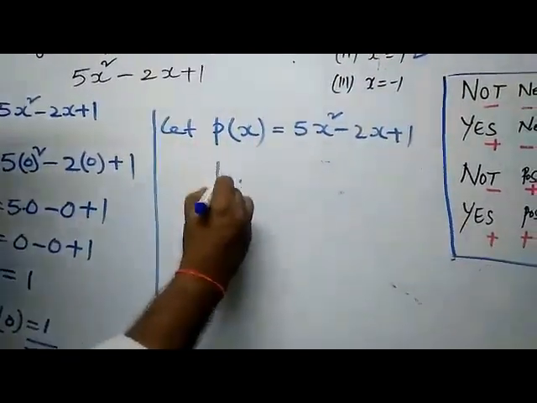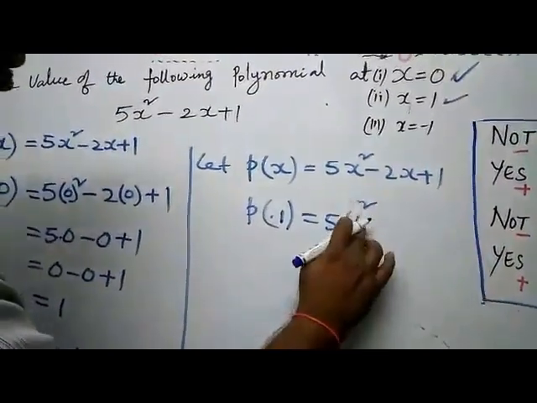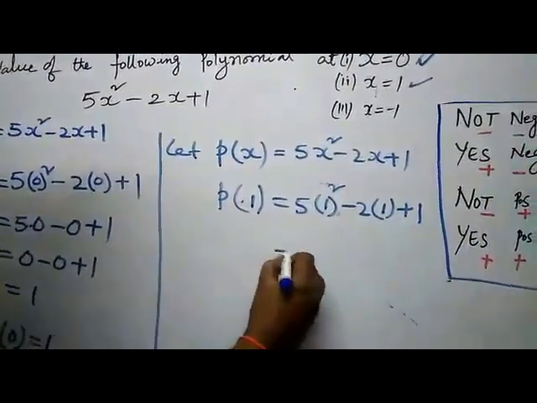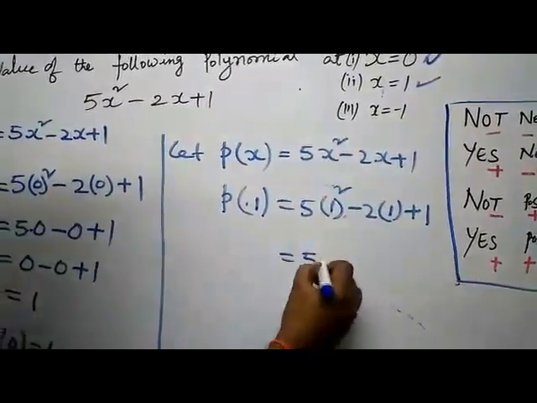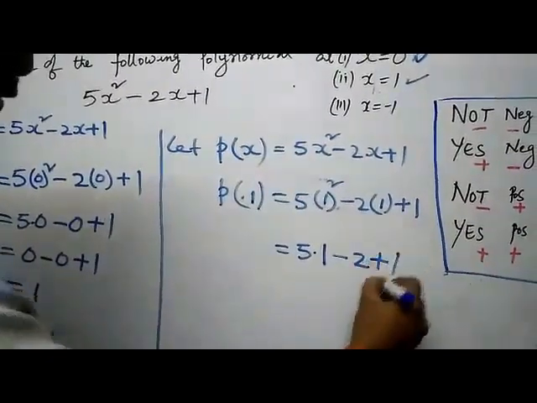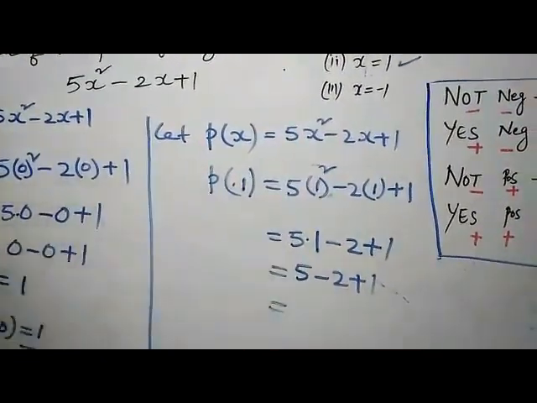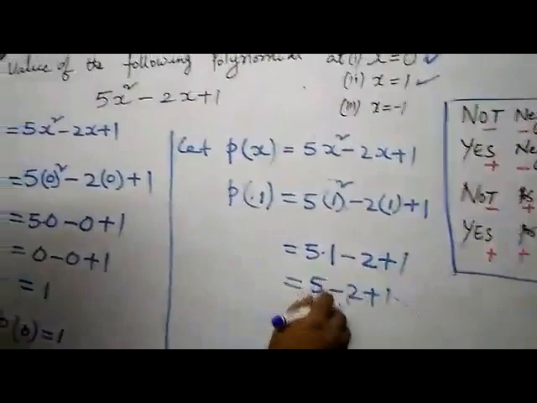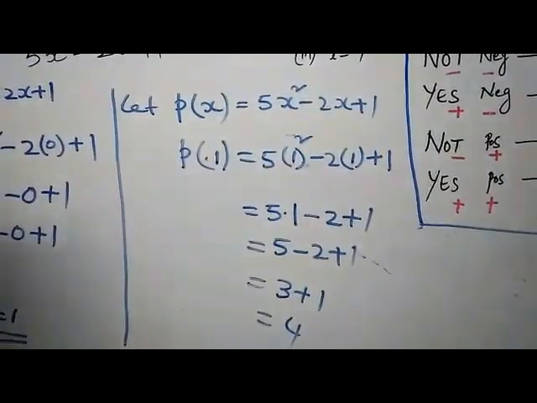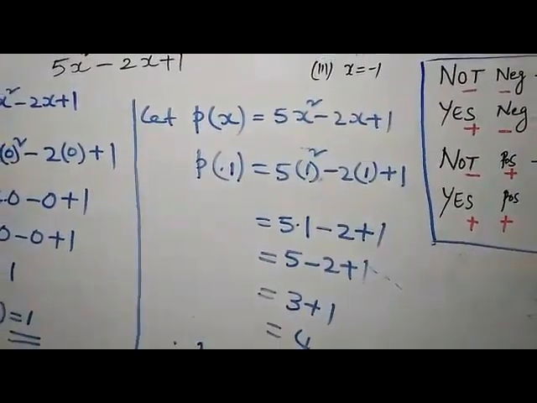At x is equal to 1, P of 1 is equal to 5 into 1 square minus 2 into 1 plus 1. 1 square value is 1, 5 ones are 5; 2 into 1 is 2. So 5 minus 2 plus 1. 5 minus 2 is equal to 3, 3 plus 1 is equal to 4. Therefore, P of 1 is equal to 4.